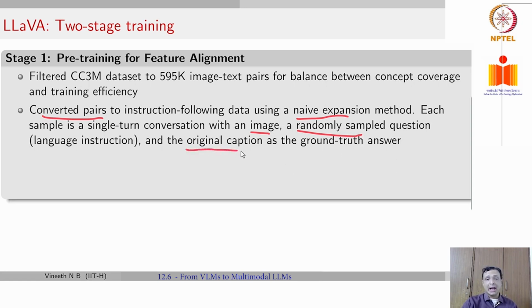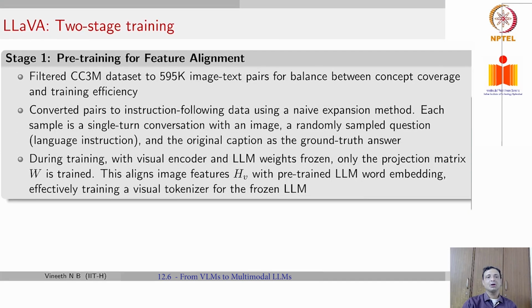And the original caption for the image is the expected ground truth answer. This is a single-turn conversation, which means you have an image, you ask a question, you get an answer, and you're done. If you follow through with multiple follow-up questions, they would then form the second turn, the third turn, and so on and so forth.